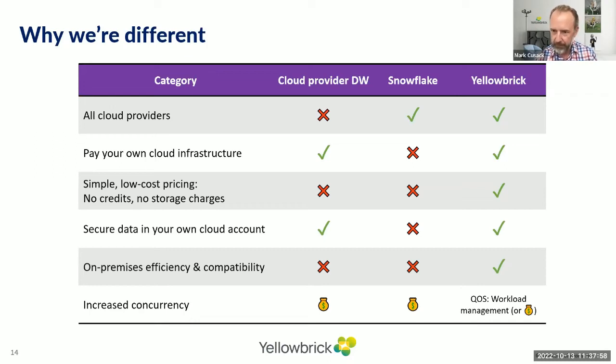We can absolutely do that in a much, much smaller footprint and therefore a lower price point than other competitors. And that concurrency capability that we have in the cloud in particular is something that really sets us apart as well. You can scale to hundreds and hundreds of users against a single Yellowbrick instance in AWS or Azure or Google, using a fraction of the compute infrastructure that many other of our competitors require.